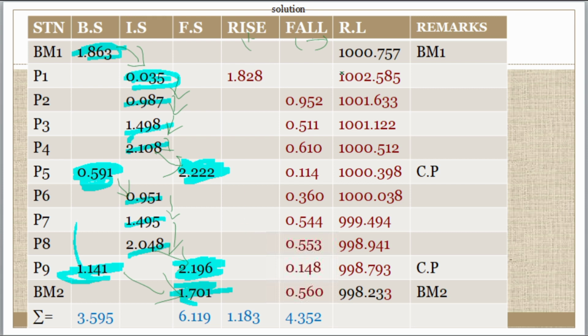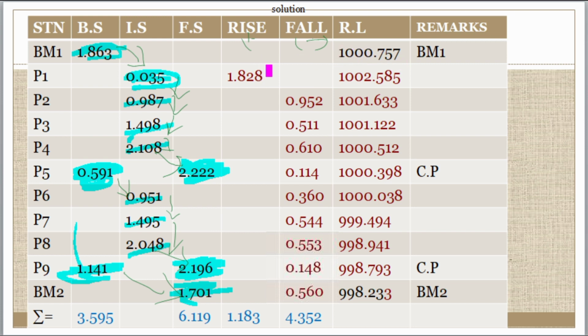After finishing that, you start again. We had been given the reduced level of the first benchmark, so I'm using the reduced level of the first benchmark given to us as 1000.755.